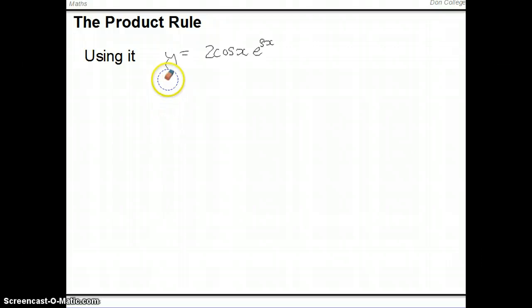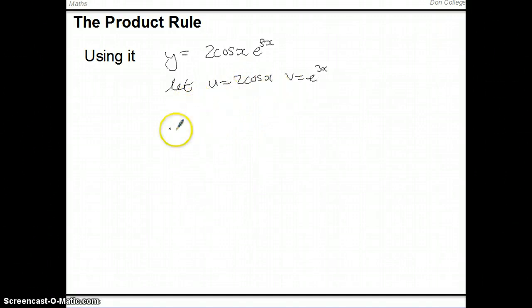Okay, so if we have a look at the example we looked at before, if we want to differentiate 2 cos x times e to the 3x, we let u equal 2 cos x and v equal e to the 3x. Yes, we could let v be 2e to the 3x and u equal cos x if you like. It doesn't matter, the way the 2 goes doesn't really matter.